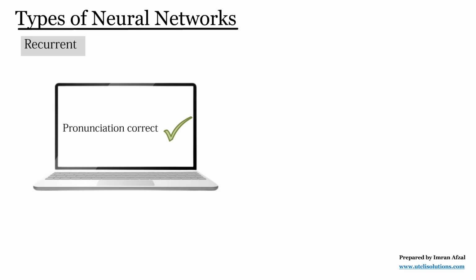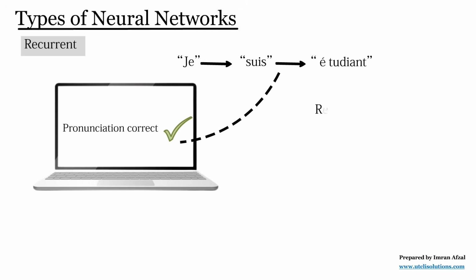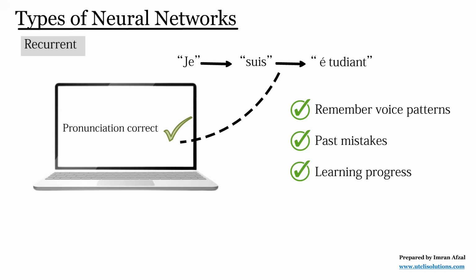Duolingo uses RNNs to keep track of what you said earlier so it can understand the context of what you are saying now. This is how the app gives you correct feedback and helps you learn better. The looping structure of RNNs helps the system remember your voice patterns, mistakes, and progress in learning over time.